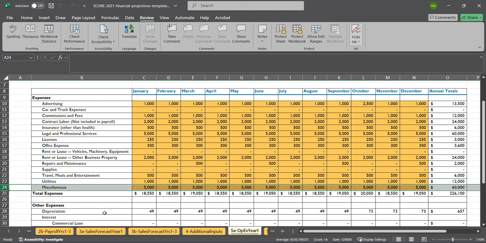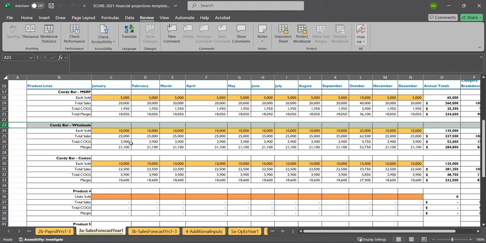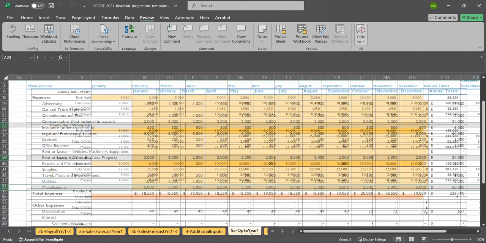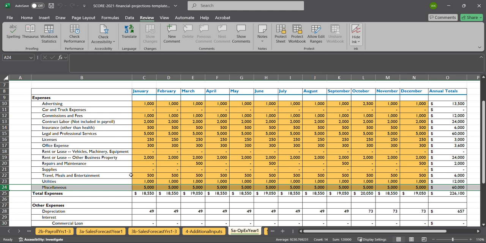If you're dealing with wholesale or Costco customers, you're going to incur something called trade, and there's no other category really where that fits in. So I'm going to put trade expense into miscellaneous.